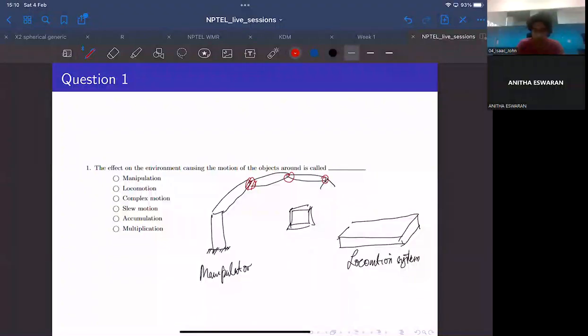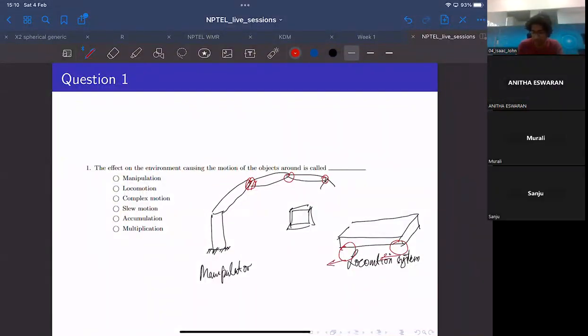So the effect the manipulator, the robotic system, puts on the environment, which causes the motion of the objects around, is called manipulation. But in the case of a locomotion system, the effect on the environment would be the tractive force exerted by the wheels, and the effect causes the motion of the system itself.